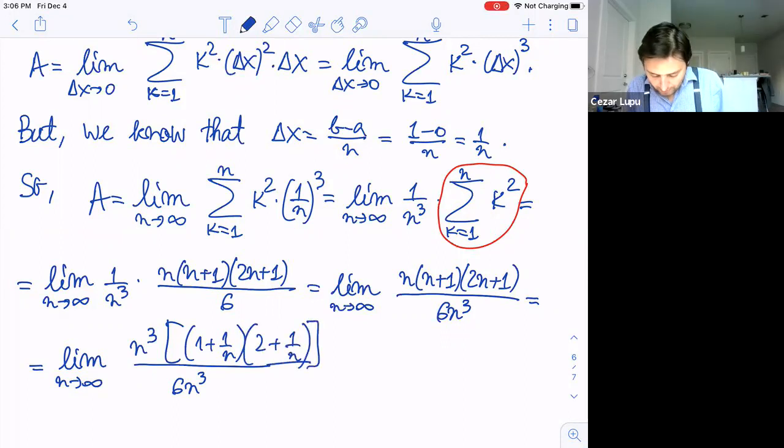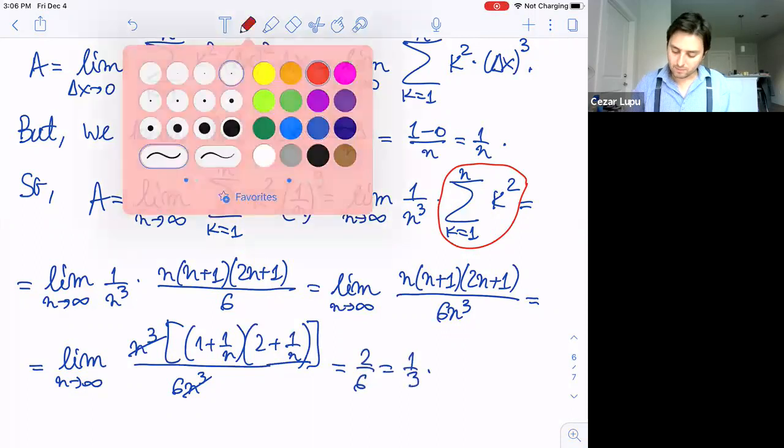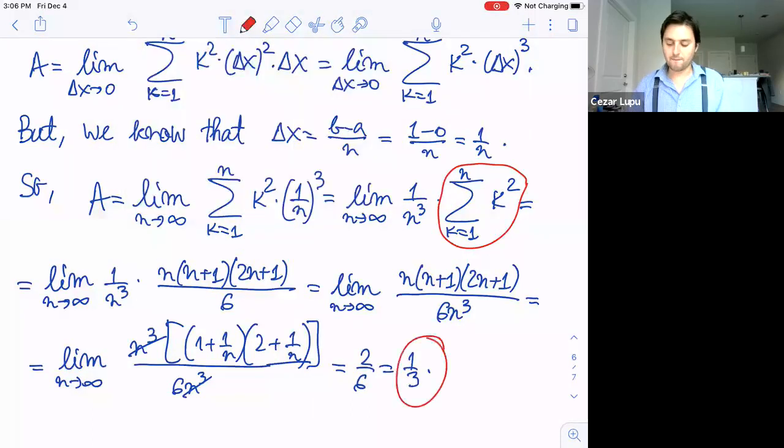So these two will go away, and as you take the limit as n approaches infinity, this would be 2, I'm sorry, it will be 2 over 6, which is 1/3. So the area is 1/3.